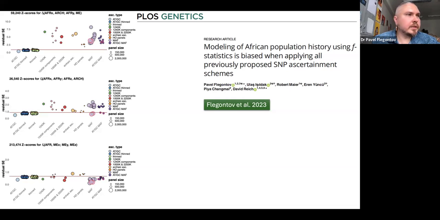And this is visible even on PCA, because if you, let's say, take a certain worldwide set of individuals and then start pruning sites in linkage disequilibrium in various ways, and then run PCA for each way, the only part of the world that is variable is actually Africa.